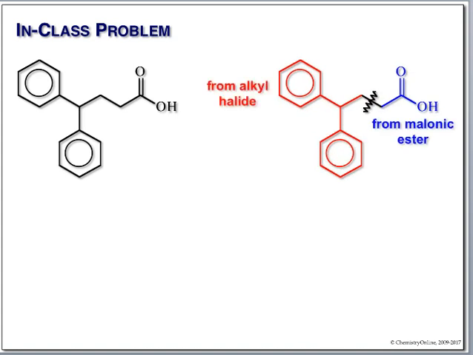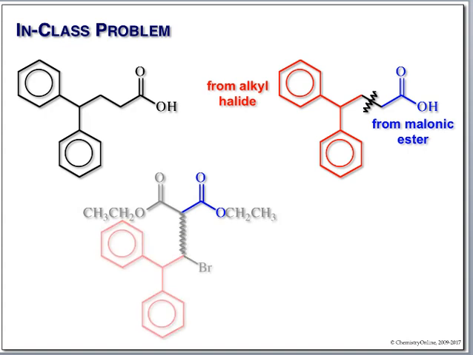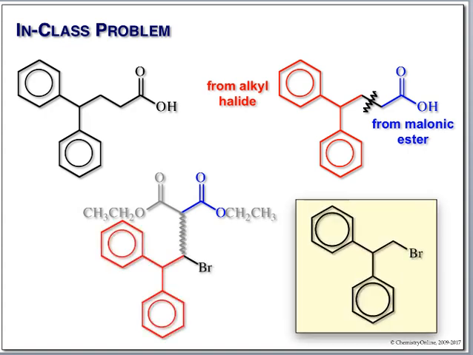There's our acetic acid portion, and all the rest of this was one simple alkyl halide. This carbon simply attacked this guy with a leaving group here, and that's your structure.